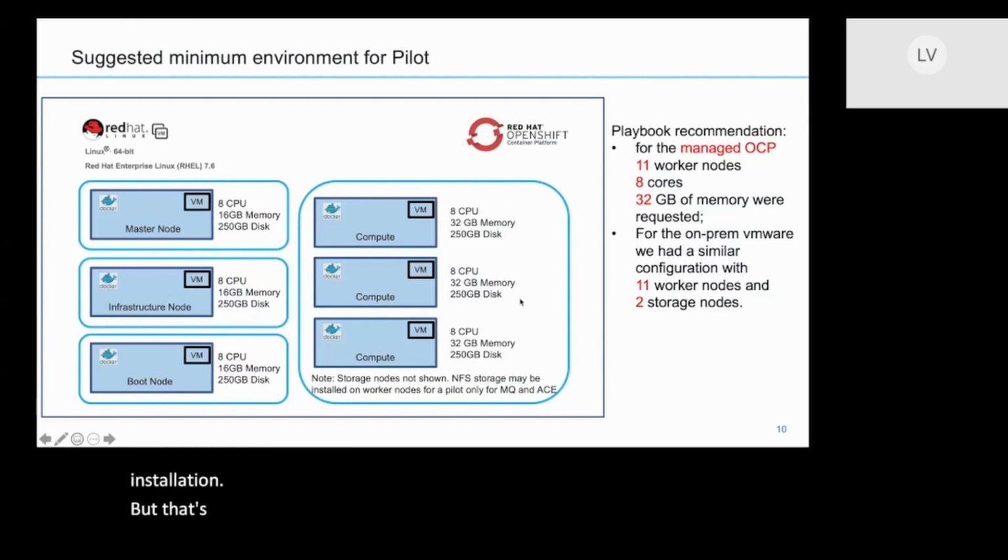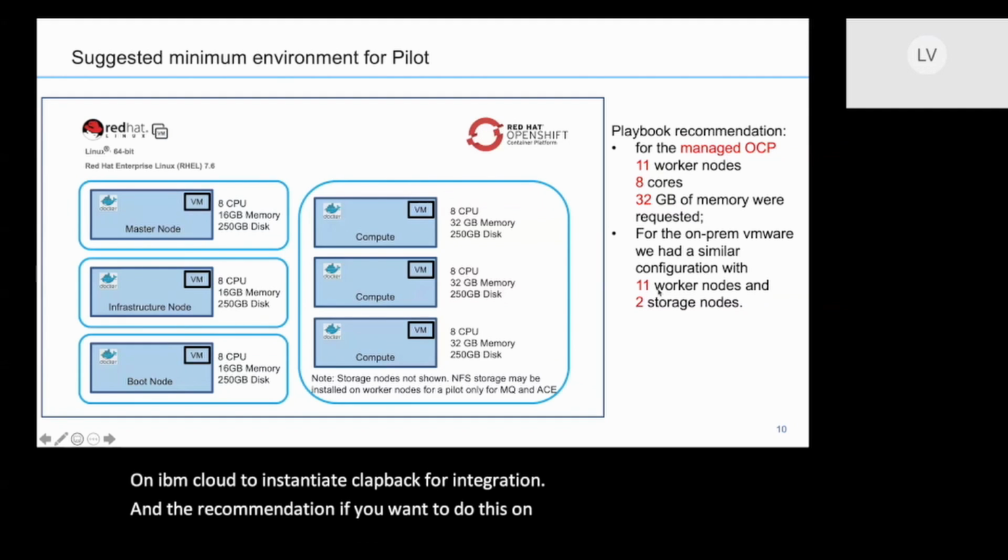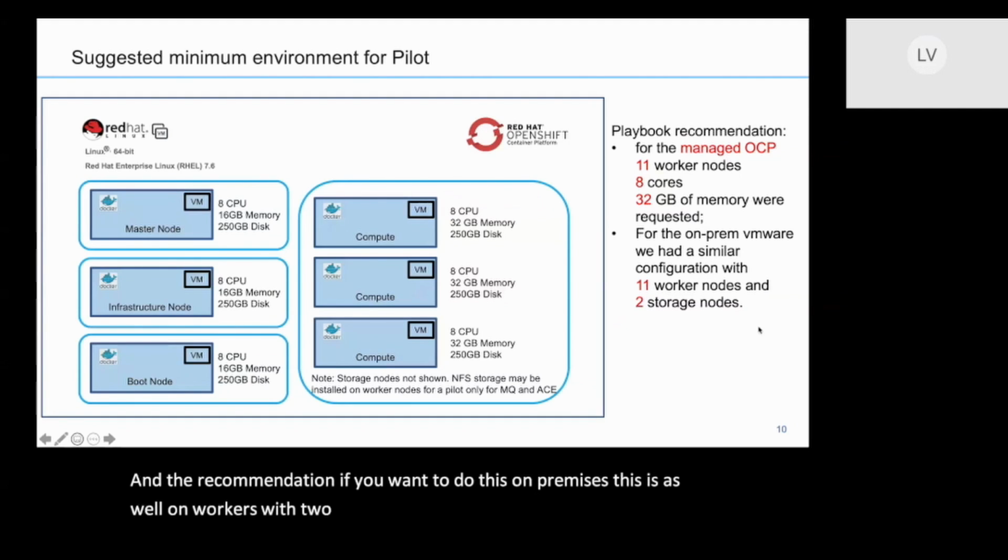And what I did, if you want to instantiate all components, the best way is to have 11 workers with 8 cores and 32 GB of memory. This is what I did on IBM Cloud to instantiate Cloud Pak for Integration. And the recommendation, if you want to do this on premises, is workers with 2 storage nodes, if you want to run all components.